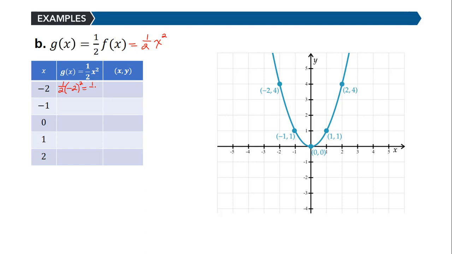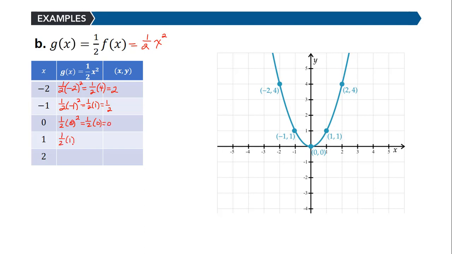And remember again, the order of operations, we square first to get 1/2 times 4, which is 2. 1/2 times -1 squared is 1/2 times 1, or 1/2. 1/2 times 0 squared is 1/2 times 0, or 0.